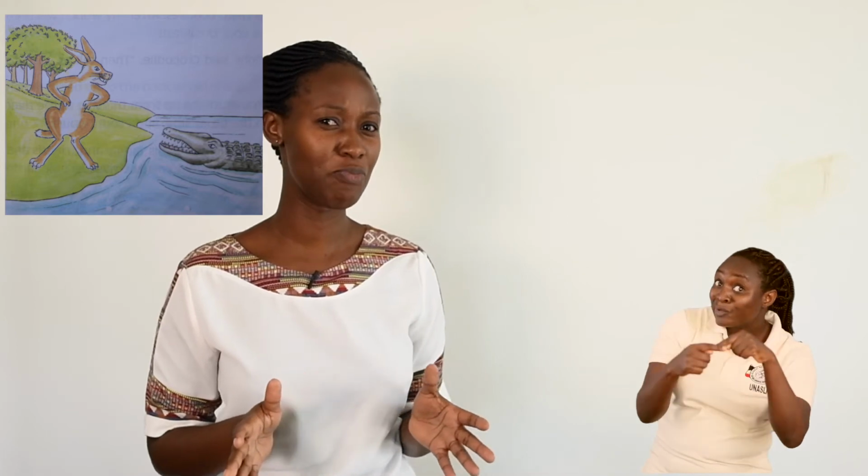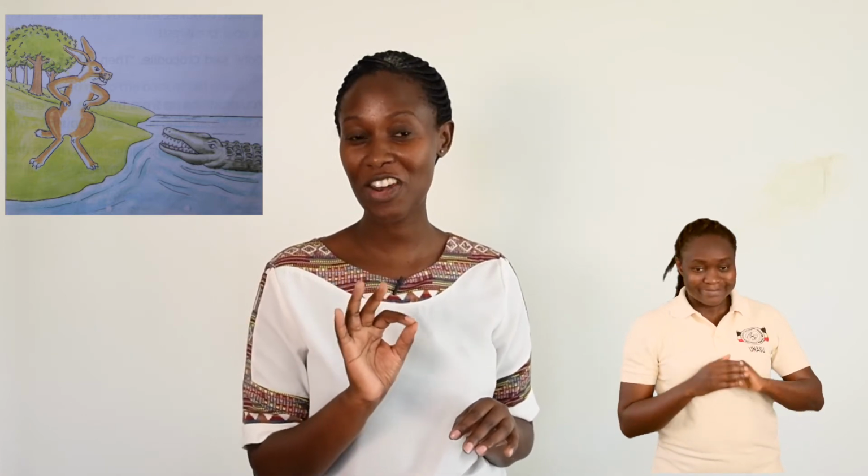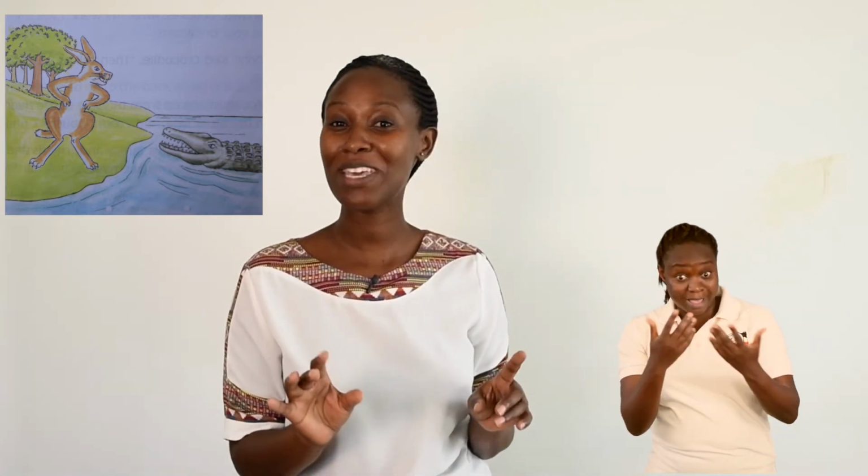Crocodile rose from the water. "Hello, my friend Hare. Have you come to be my breakfast?" "Not today, Crocodile, because today I have orders from the king. He wants me to count all the crocodiles. After my work, I will be your breakfast."